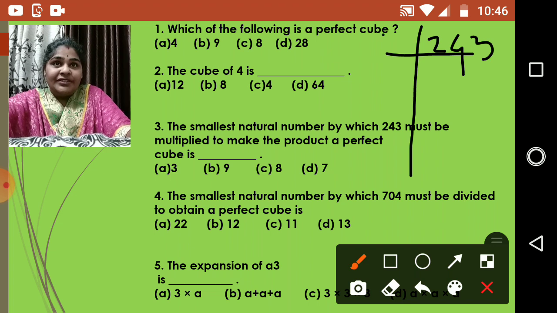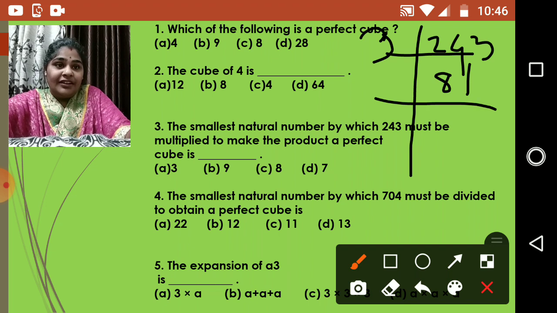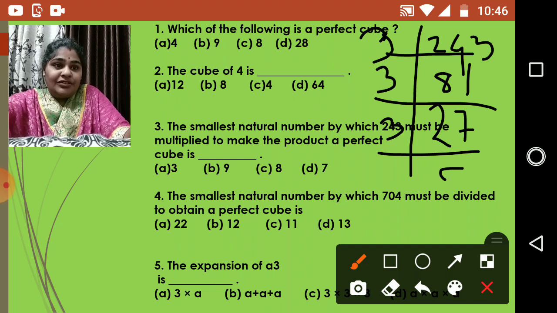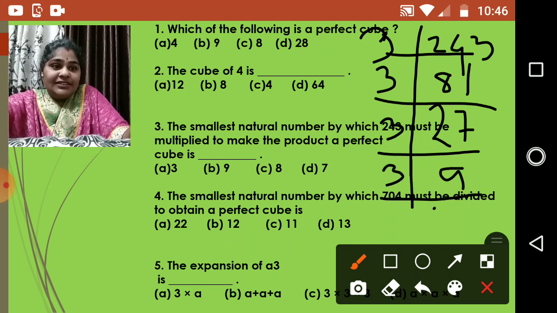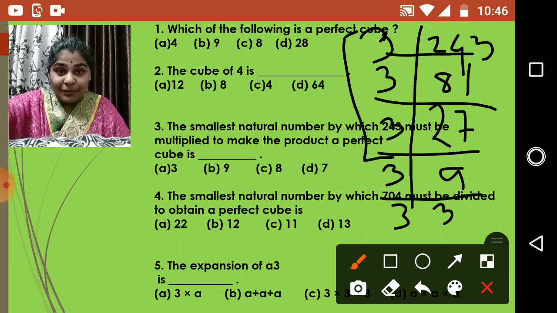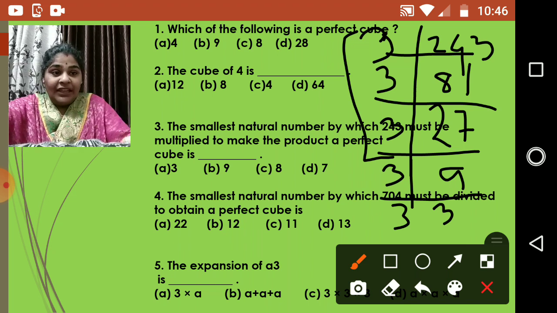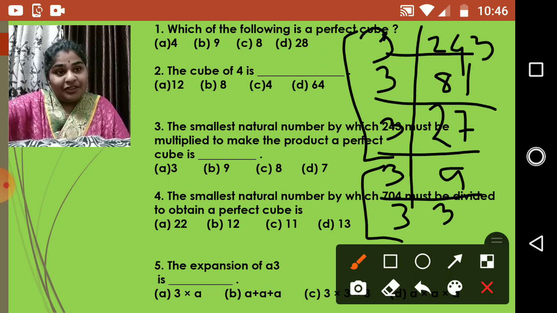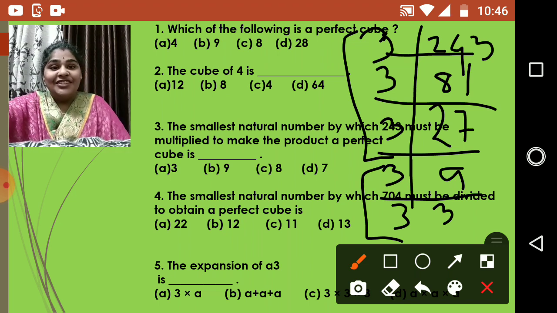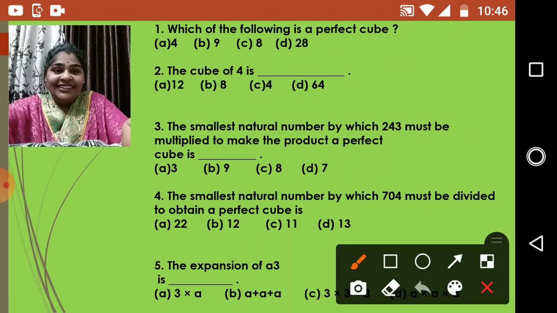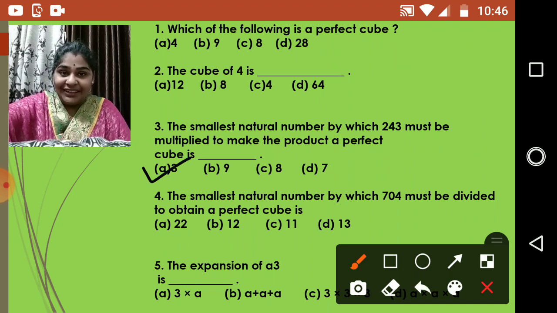I know it is 3 into 81, again 3 into 27, again 3 into 9, again 3 into 3, and 3 ones are 3. So here I can see a triplet of 3, and the remaining is only 3 and 3. So one more 3 we require to make it a perfect cube, right? So that means it should be multiplied by 3. That is option number A.